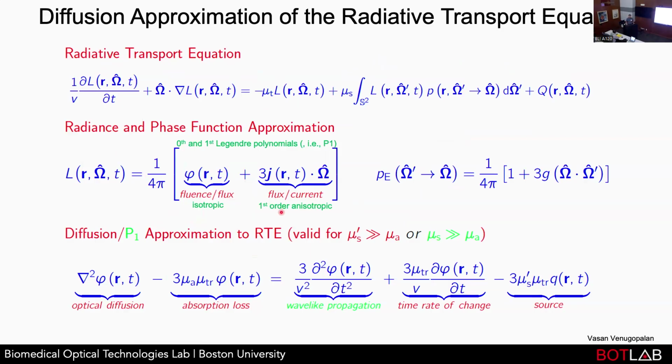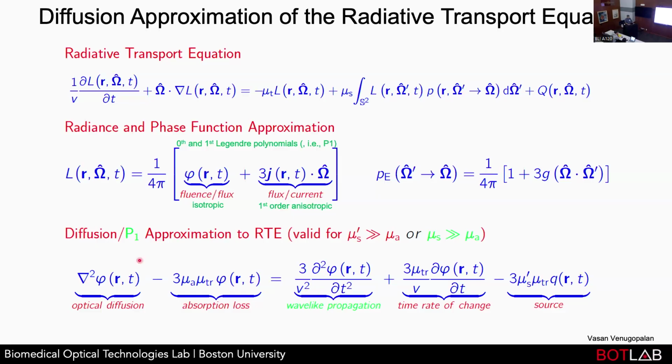This is why it's an assumption, because under certain conditions, light will travel very directionally, especially close to the source, because G is so high. You're very forward scattering. You also use the G value here, anisotropy, for scattering. But at the end of the day, you get down to this diffusion, also called the P1 diffusion approximation, P1 referring to the fact that you go up to the 1st Legendre polynomial. You can keep going to the 2nd and 3rd, and you get closer to approximating the radiative transport equation.